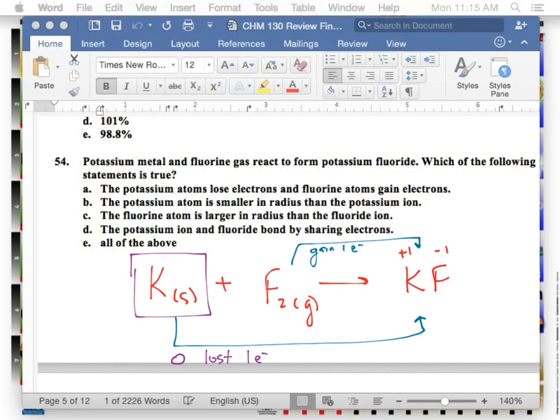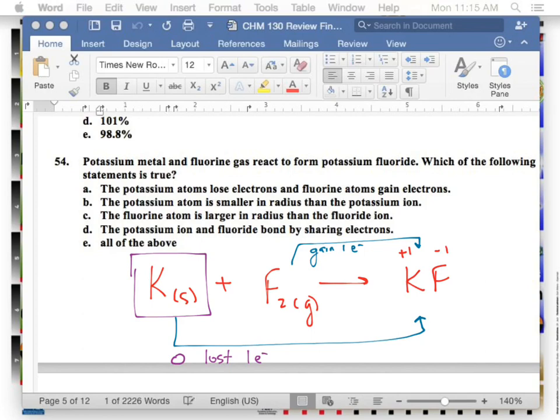Okay. Writing out the chemical equation gives you the answer. If you don't write out the chemical equation, it becomes virtually impossible to answer this question. So the answer I came up with is D, they're technically not sharing electrons. Sharing electrons means a covalent bond. That's an ionic bond.